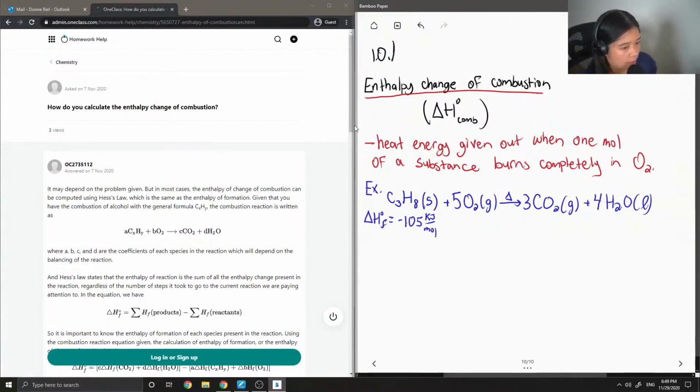So pure oxygen gas has a delta H of formation of 0. Carbon dioxide, its value is negative 394 kilojoules per mole. And in the case of water, it is negative 286 kilojoules per mole.